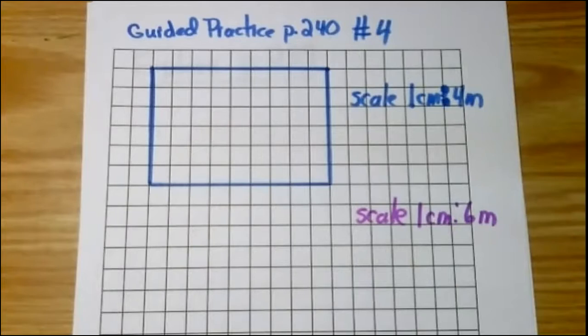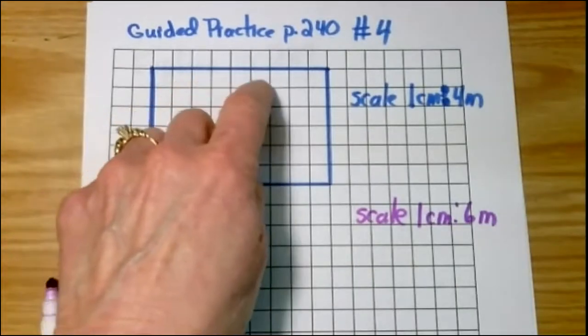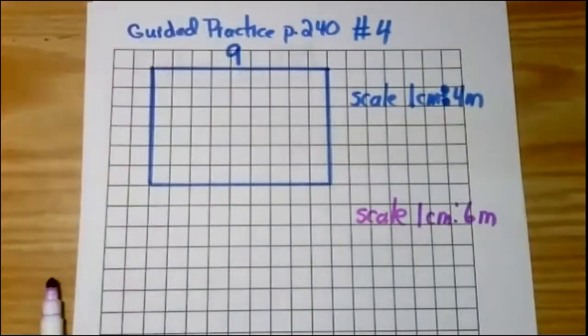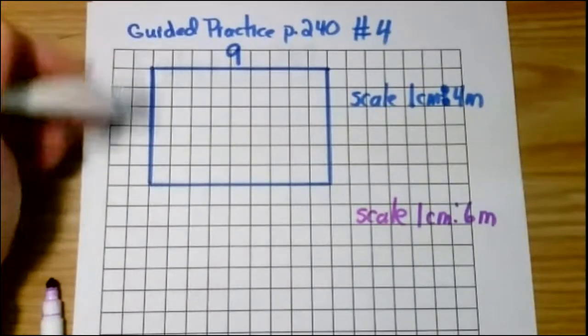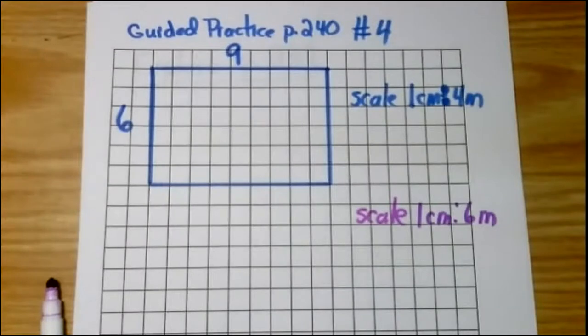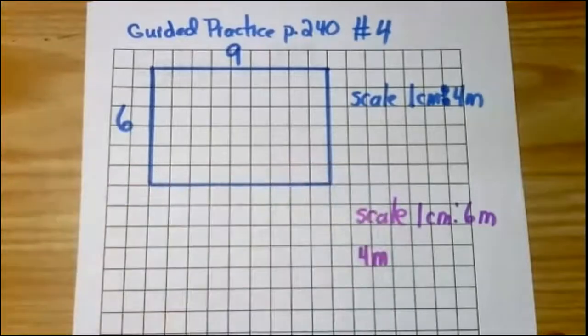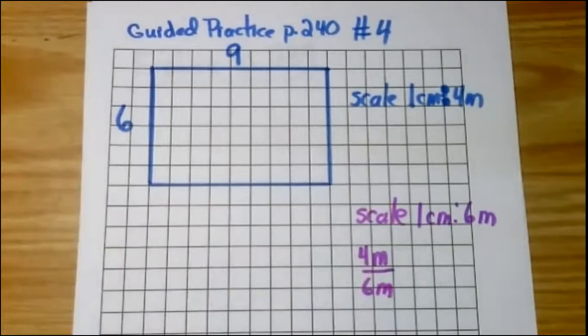Well, let's count what we have for our original size. 1, 2, 3, 4, 5, 6, 7, 8, 9 centimeters, right? Or 9 units. How many going down? 1, 2, 3, 4, 5, 6 units here. Now we have to shrink it down to 6 per centimeter, right? So our steps are: 4 is what it was, now it is 6, right?